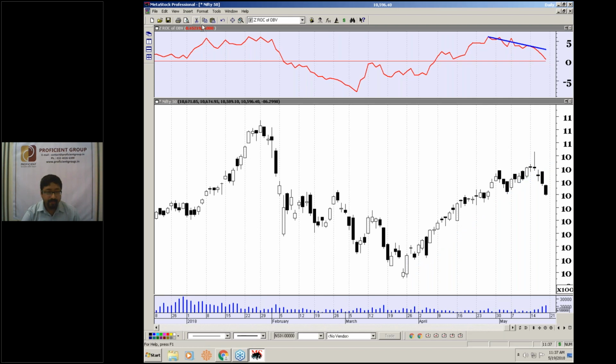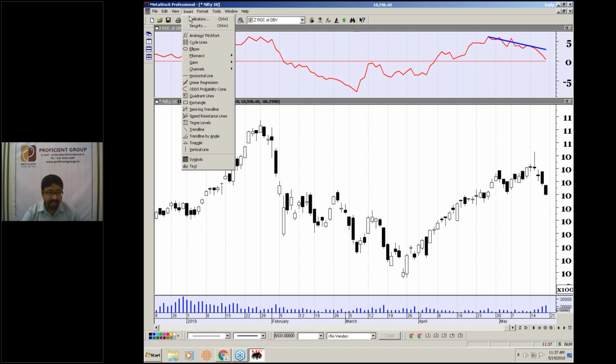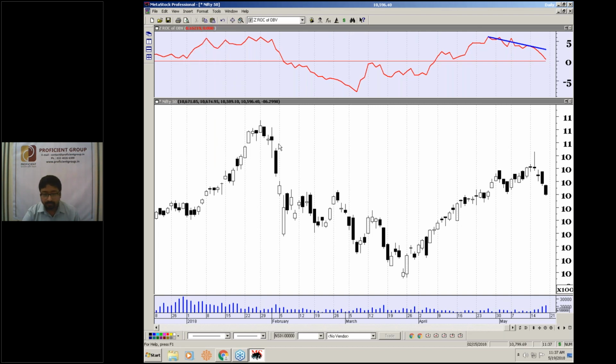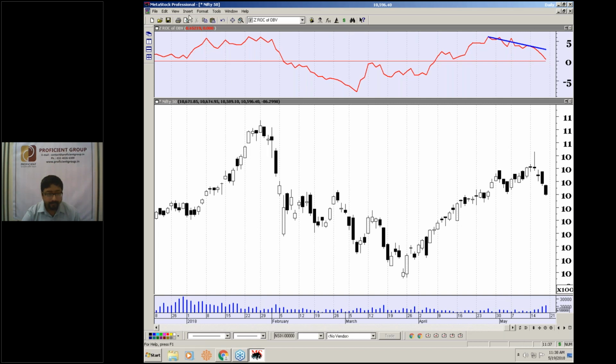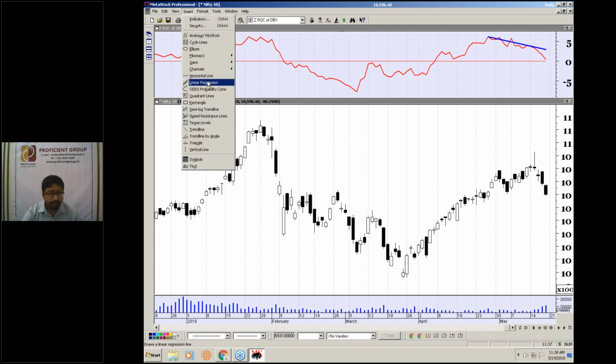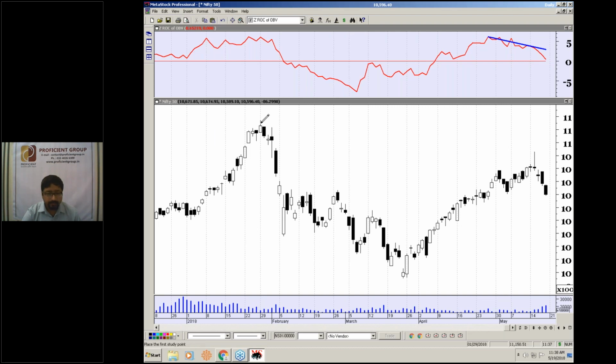In the same way, you can see here, from the January top to the March low, prices were making new lower tops and lower bottoms, right?